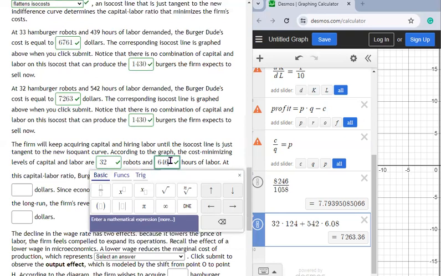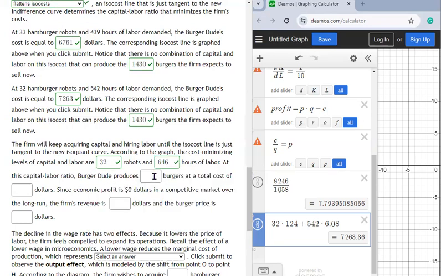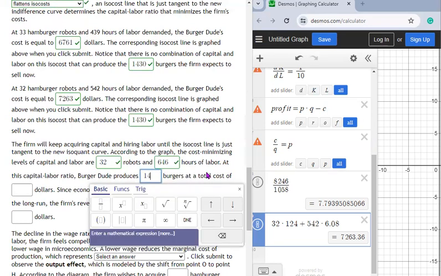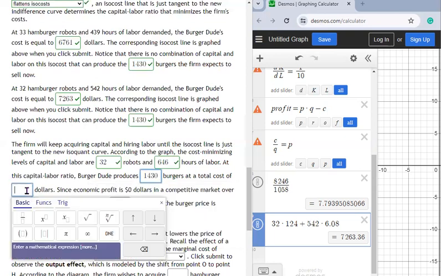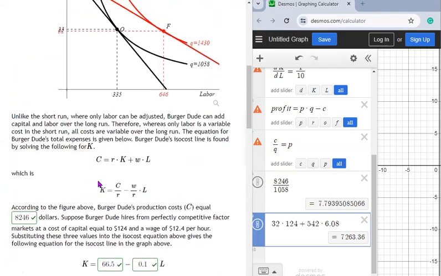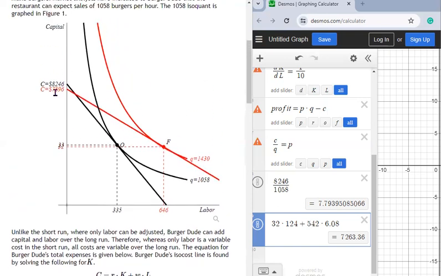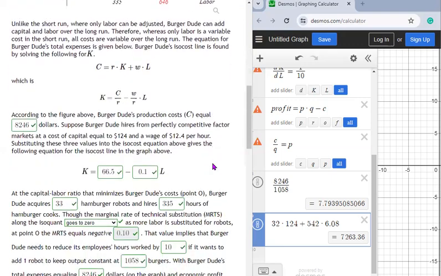At this capital labor ratio, Burger Dude's producing 1,430 burgers at a total cost of $7,896. So the cost is $7,896 at this capital labor ratio of 32 robots and 646 hours of labor. And it's making 1,430 burgers, right?